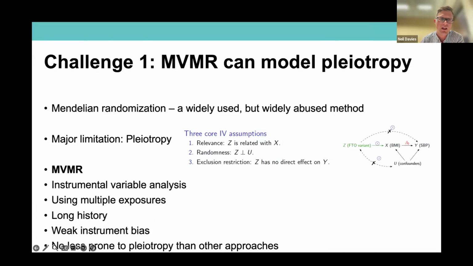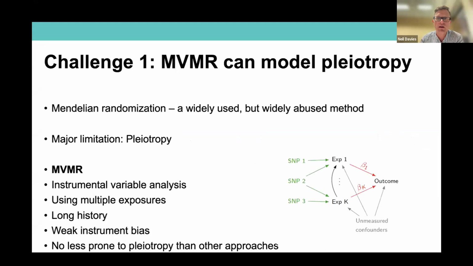exposures. And it's really important to emphasize here that multivariable Mendelian randomization is not less prone to bias from pleiotropy. It's simply allowing you to control for one pathway. So all of the other pathways which could bias your analysis are still of concern in MVMR analyses.